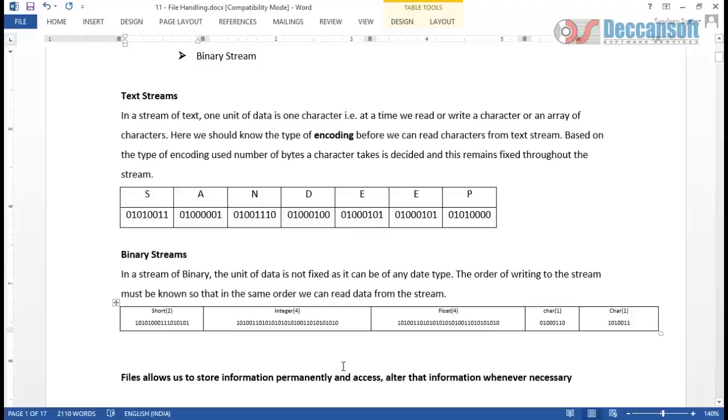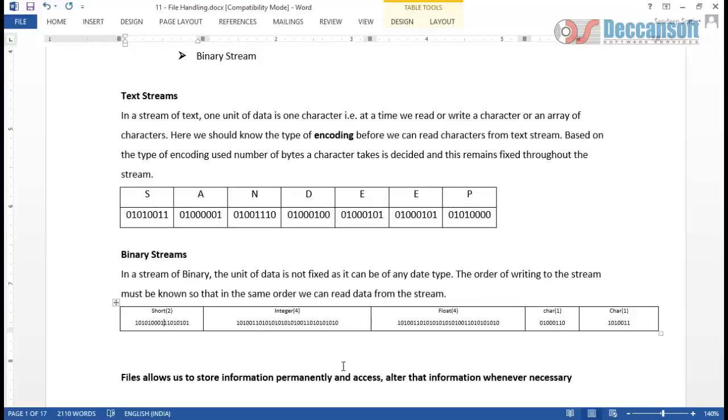So first, what is a binary stream? A binary stream is a continuous series of bits where data of any type can be stored. It can be of type character, integer, short, float, double, anything can be stored, or it can be consecutive structure data also.